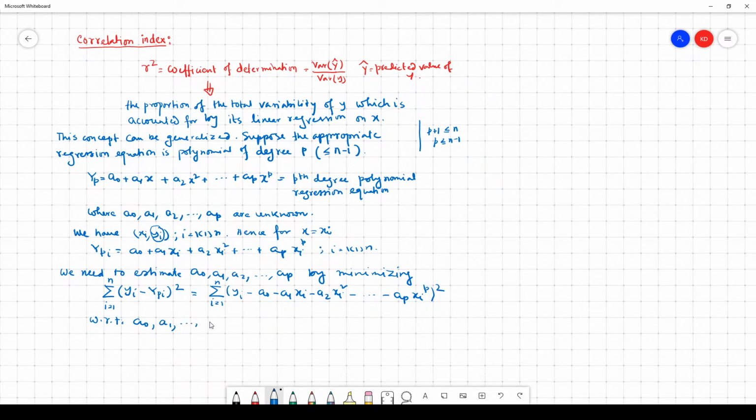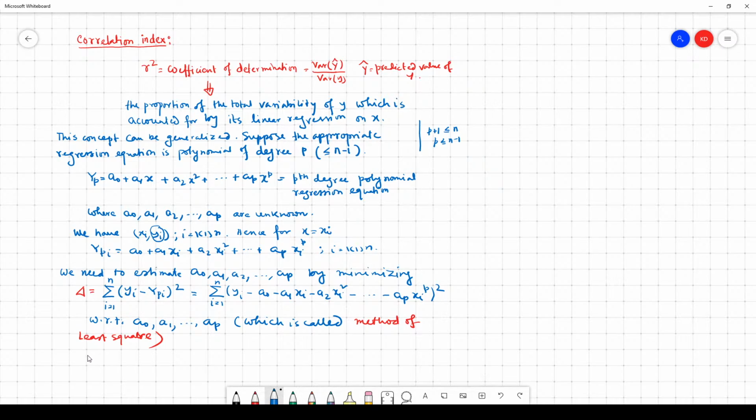This is called least square technique, minimizing error sum of square with respect to a0, a1, a2, ap, which is called method of least square. Okay, and suppose I denote this by delta.